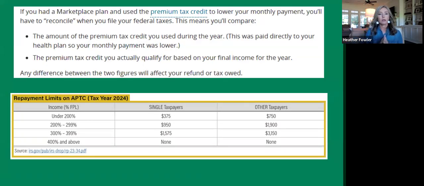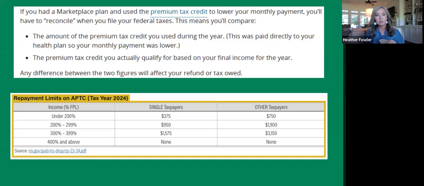All right. So if a person gets a marketplace premium tax credit to lower their monthly payment, then they do have to reconcile that when they file their taxes. That means that when they file their taxes, the amount of premium tax credit that they used during the year to lower their monthly payment will be reconciled compared with what their actual income is for that year.